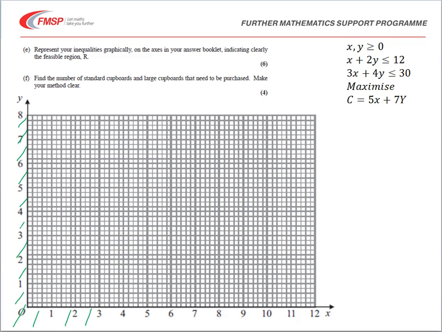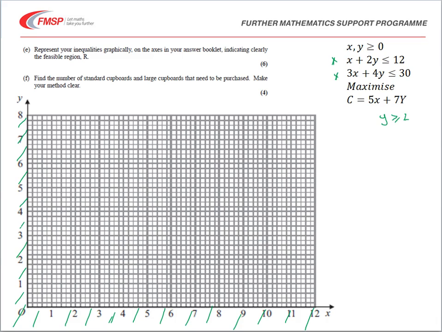Quite often those constraints get left out by students, so do be careful to make sure that you do include those. The other constraints that we've got are written up here: x plus 2y is less than or equal to 12, 3x plus 4y is less than or equal to 30, and then our profit line. We also had the final constraint, y is greater than or equal to 2.